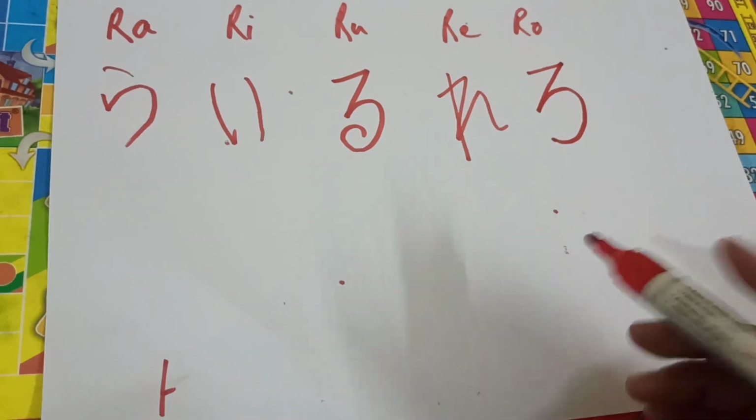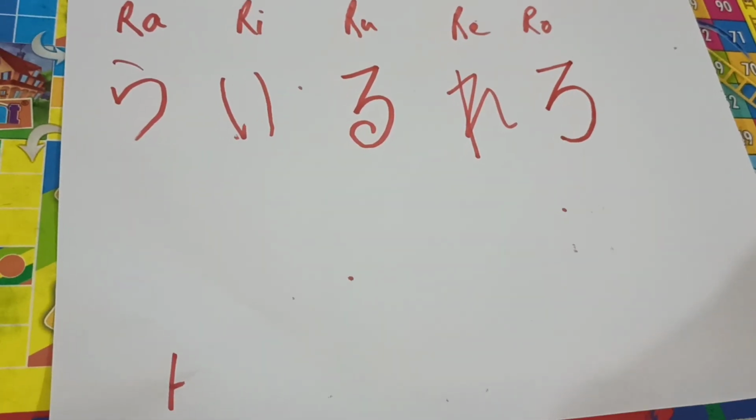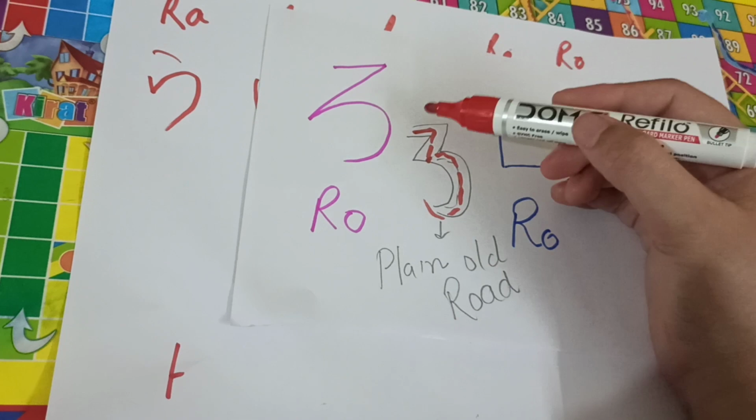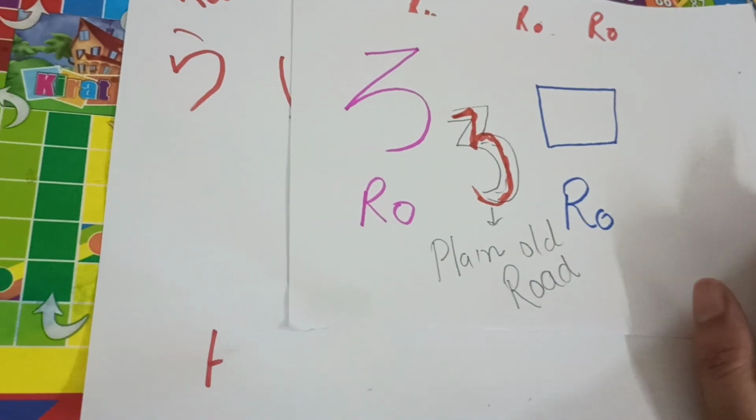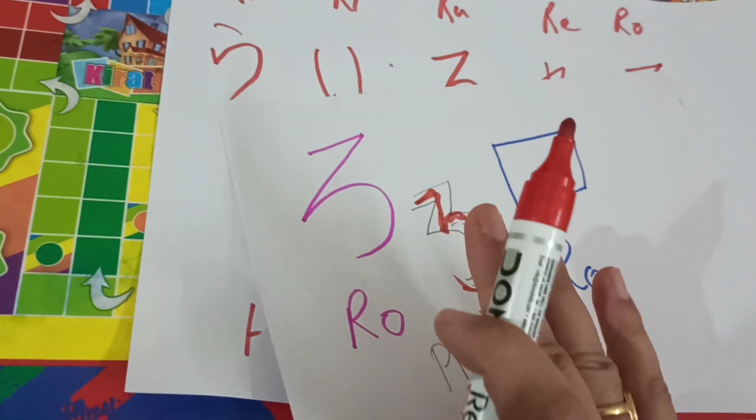Ro. Ro is a plain old road. Ro stands for a plain old road.